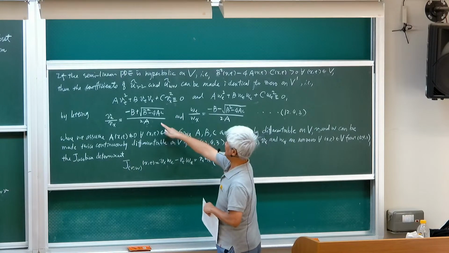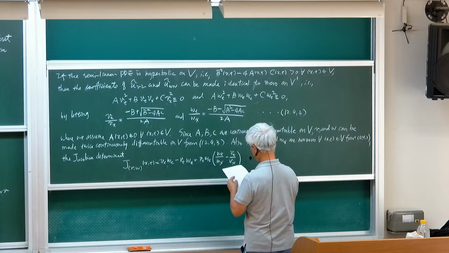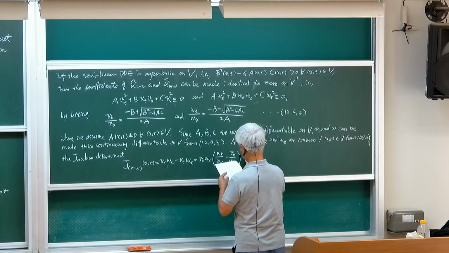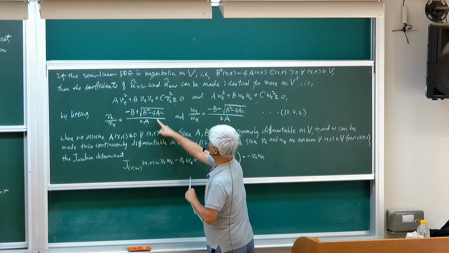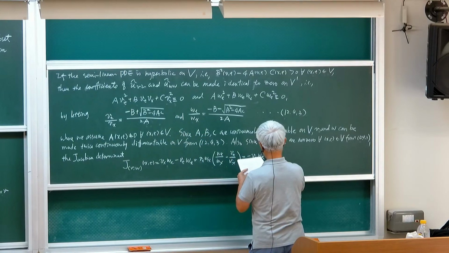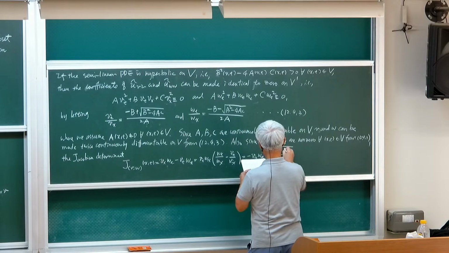And when you look at the ratio, this is minus Vx Wx. So this one minus this one gives us A and the square root of B squared minus 4AC here.